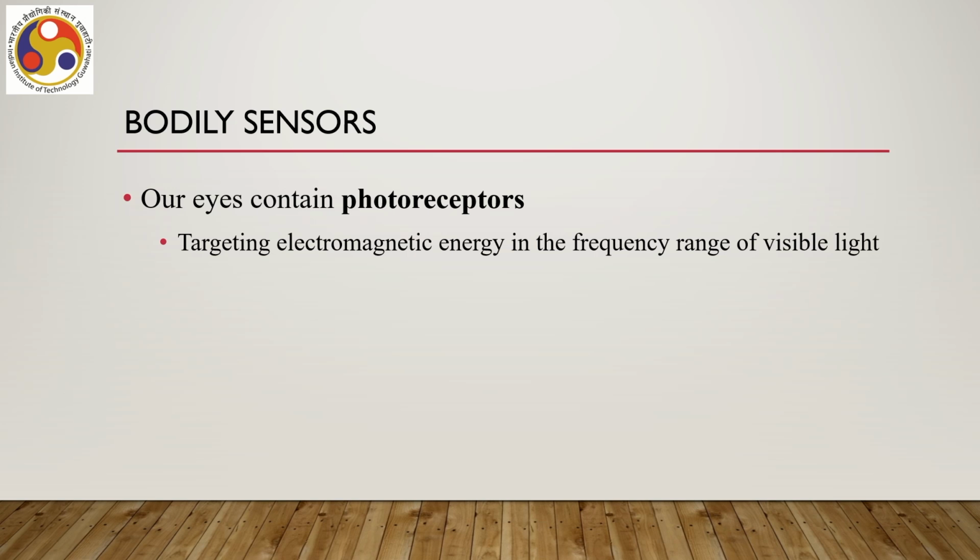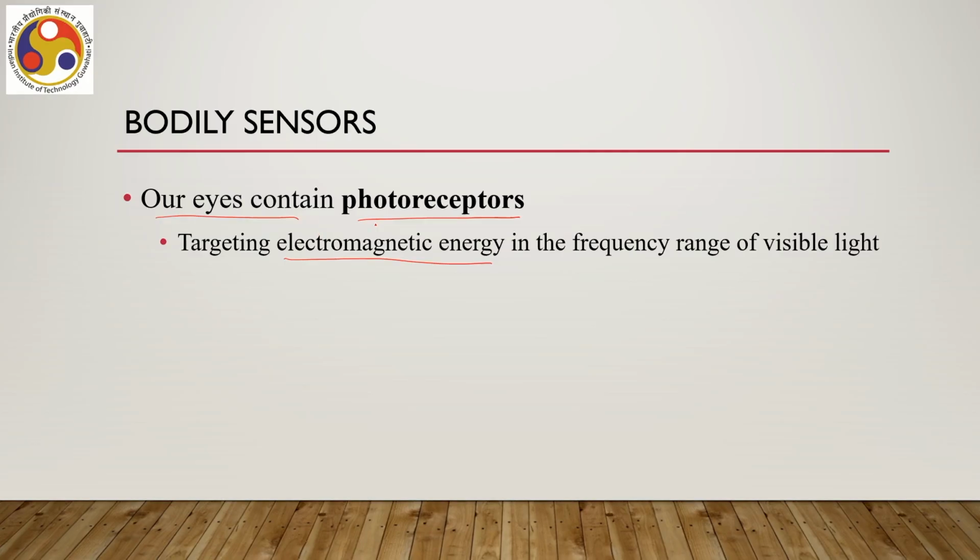As we have seen in the table that we just saw, our eyes contain photoreceptors. These photoreceptors get activated when electromagnetic energy in the form of visible light falls on our eyes. So, the photoreceptors target electromagnetic energy in the frequency range of visible light, and get activated only in that range.